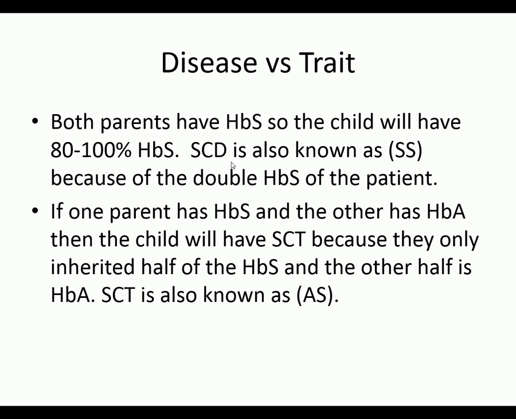One parent has the sickle and the other one has a normal, so that child will have a normal and a sickle. In the United States, about 72,000 have sickle cell disease, and about 1 out of 12 to 15 carry the sickle cell trait.